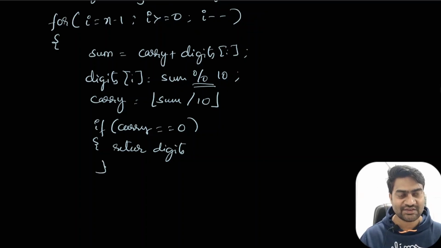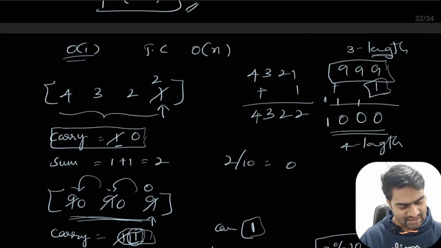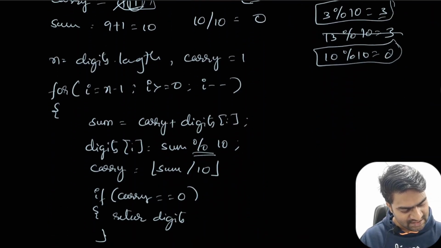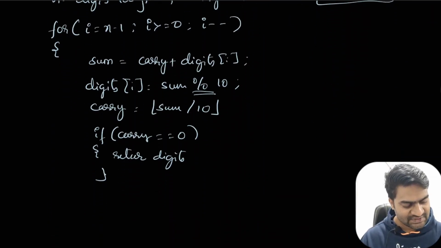Okay, because this is the first case where not all the numbers are 9s. This will return. If this is not the case, if all the numbers are 9, this statement won't execute.